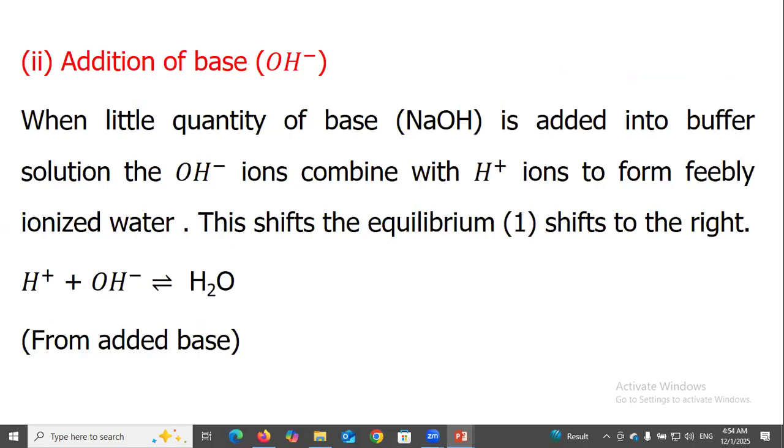Addition of base: when a little quantity of base is added into the buffer solution, the hydroxide ions combine with hydrogen ions to form the feebly ionized water. This shifts the equilibrium, converting hydrogen ions and hydroxide ions into water.